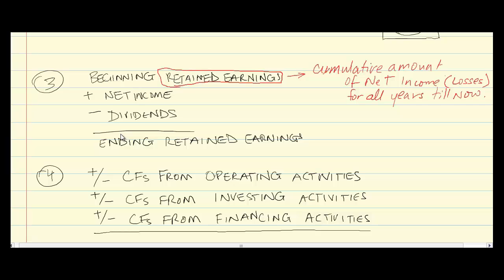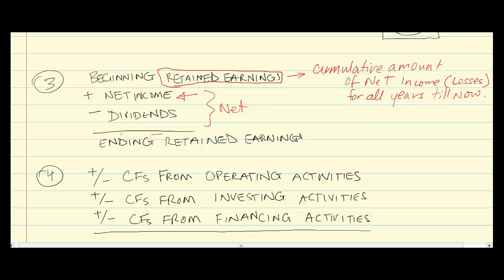That's your beginning retained earnings. Then you add on to that the net income for the year, minus any dividends that you issue during that year. The net of this is added on to the beginning retained earnings, which gives you the balance at the end of the year.